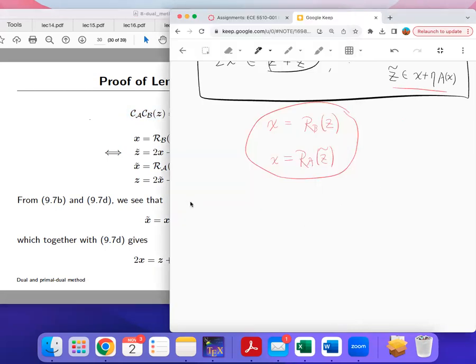The fixed point equation is C_A C_B z equals z, where x equals R_B z.